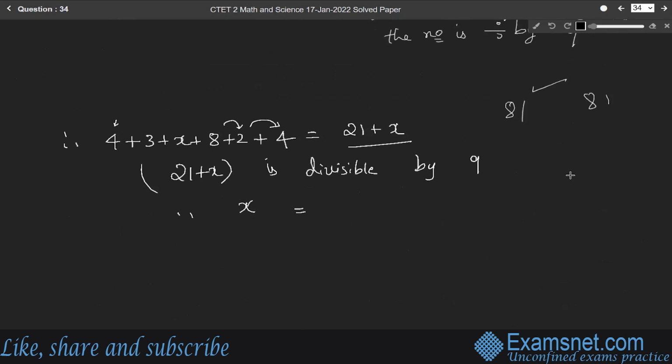So 9 into 3 is 27. Therefore, x is equal to 6, because 27 by 9 is equal to 3. Therefore, x is equal to 6.